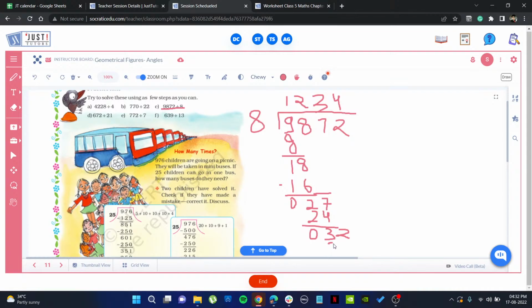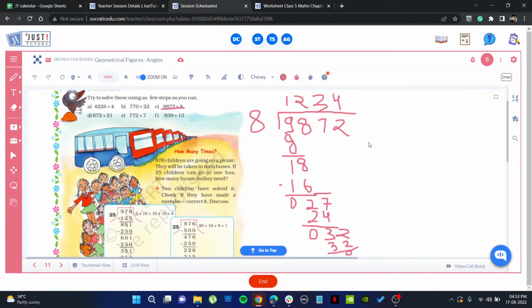So 8 times 4 gives us 32, and our final answer becomes 0. So here how much do we get? It is 1234. So it means that on dividing 9872 by 8, we get 1234.